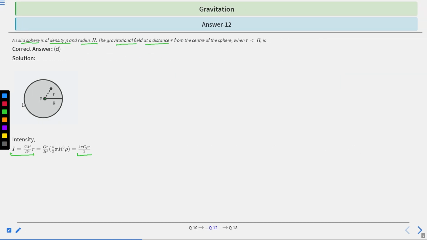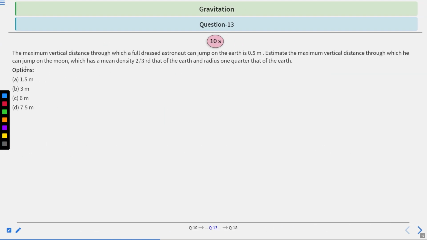Next question, question 13. The maximum vertical distance through which a fully dressed astronaut can jump on the earth is 0.5 meter. Estimate the maximum vertical distance through which he can jump on the moon, which has a mean density two-third that of earth and radius one quarter that of earth.